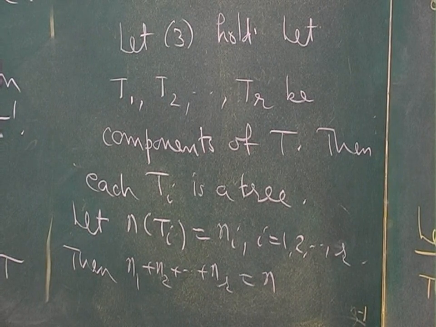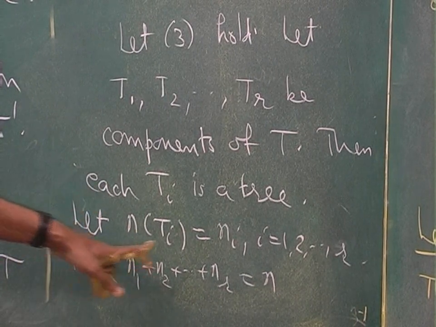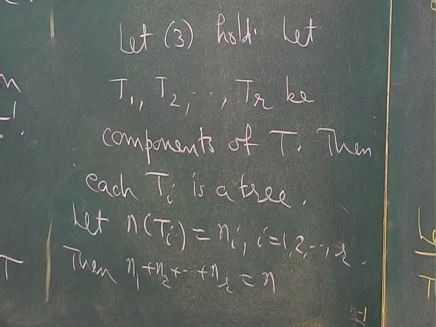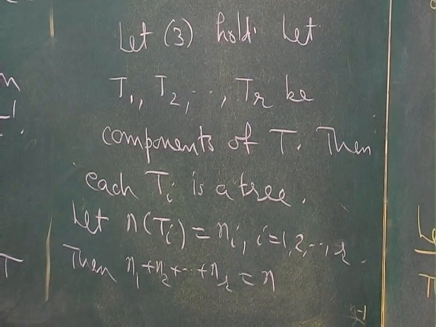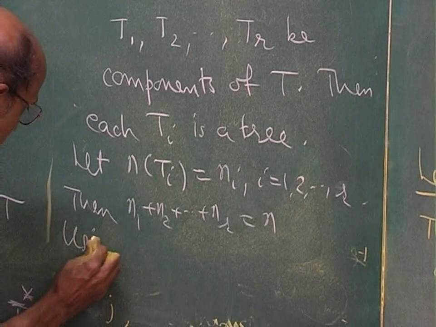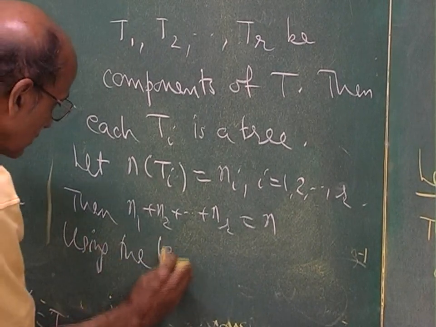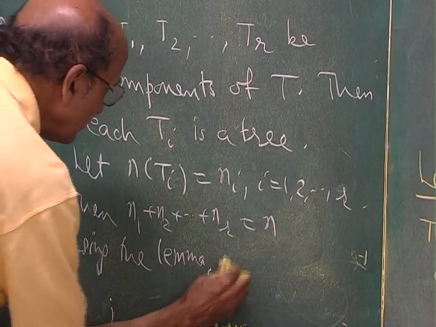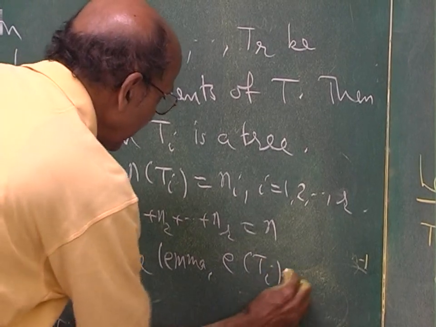How many edges does each Ti have? Using the lemma, Ti has Ni minus 1 edges, so E of Ti is Ni minus 1.